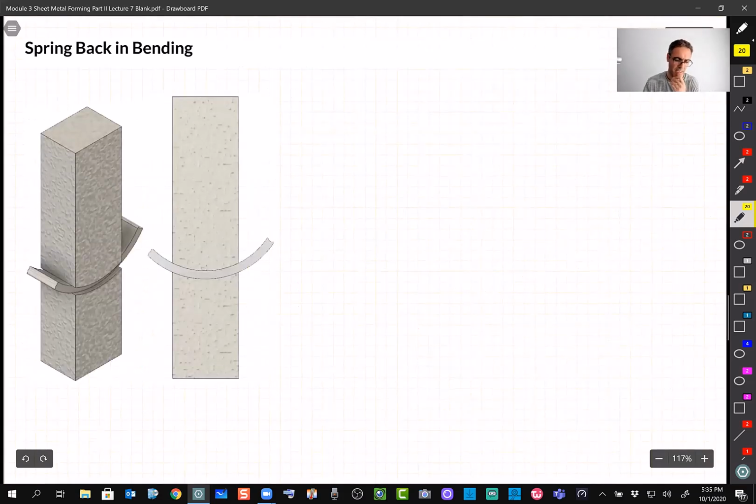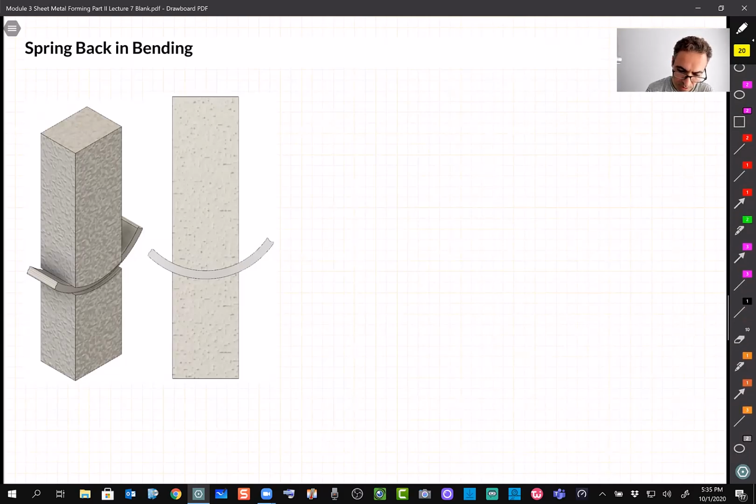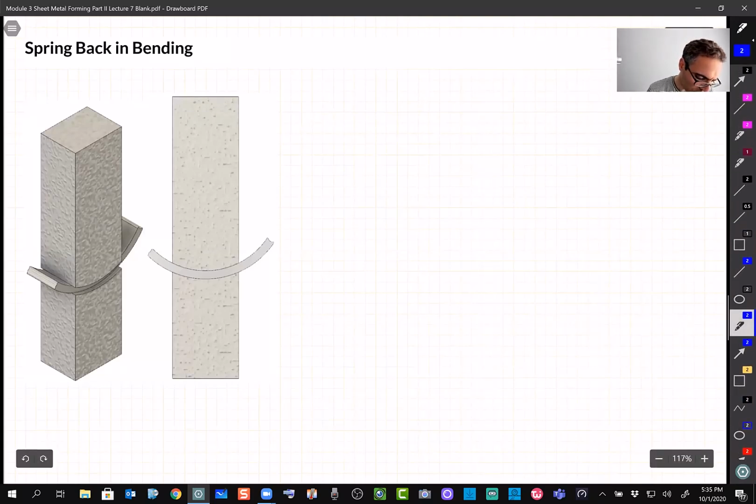So let's summarize the things that we just learned. Let's say that we design a simple die to bend this simple plate or sheet to the curvature that we want. Again, I emphasize when we say radius or curvature, we mean the curvature of the neutral plane, the one that passes through the centroid of the cross section. This one is not the cross section. The cross section is the cross section of this sheet metal plate.